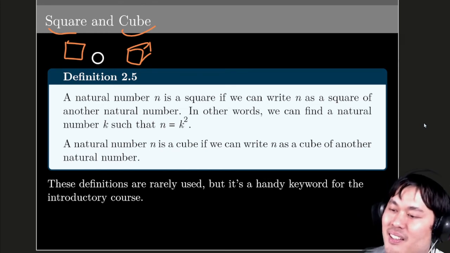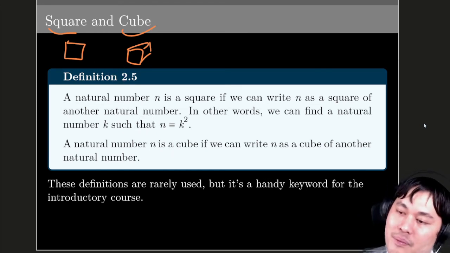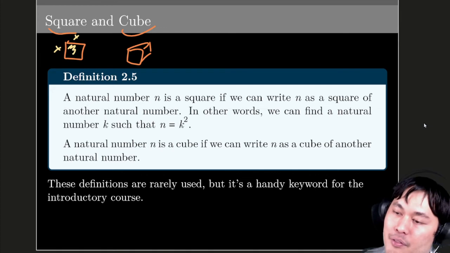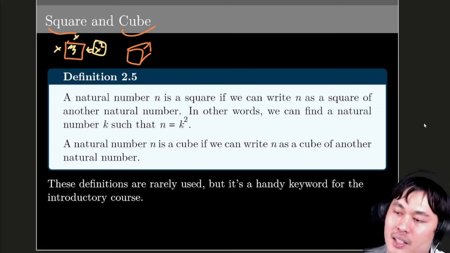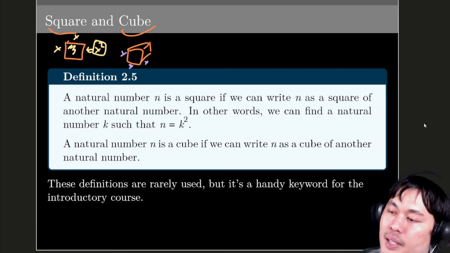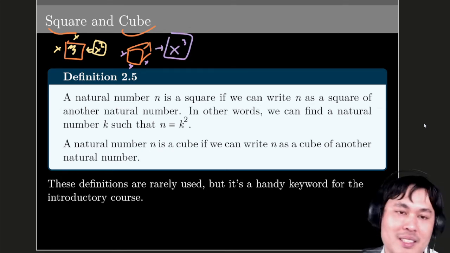But they are kind of the same. The square means they have 2 equal sides, and the area of that square is called the square. Similarly, if you have a cube, and each of those sides are the same length, then the value of the cube is the cube of that number.